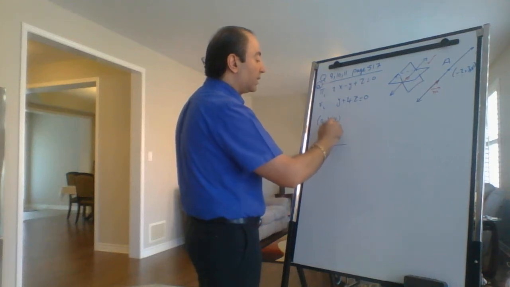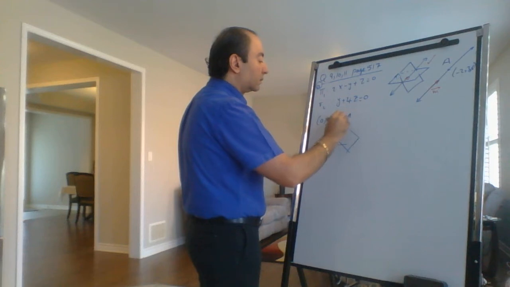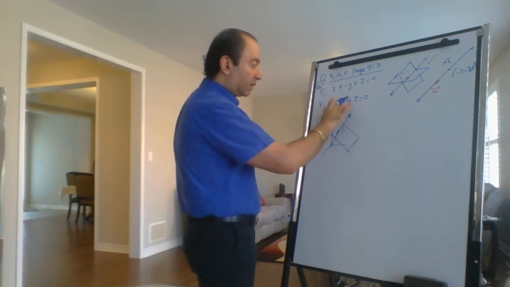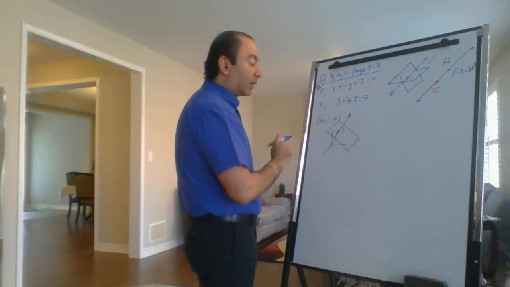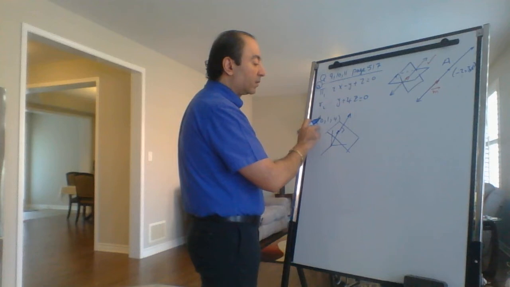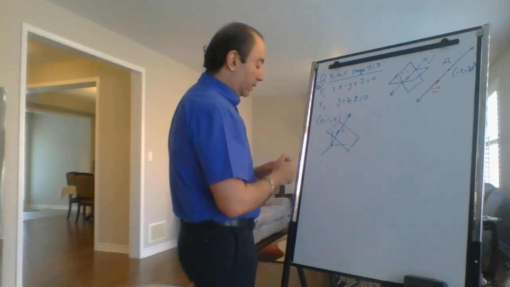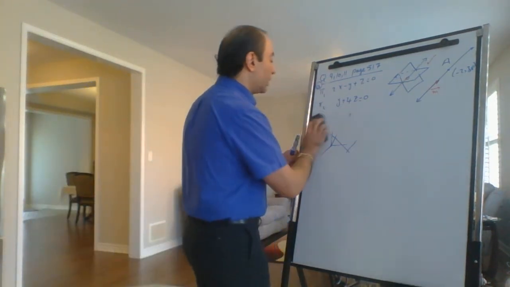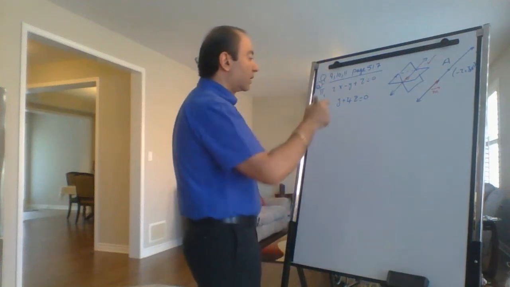So the plane will be something that makes 90 degrees with this. You understand? This is a plane, not a line, but the x component of its normal vector is 0. So that's why it looks like this.